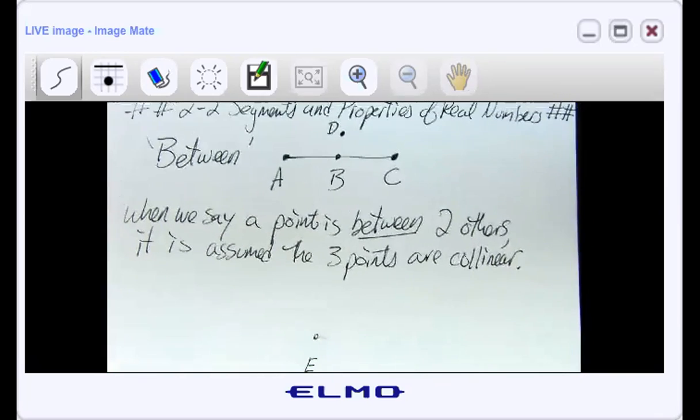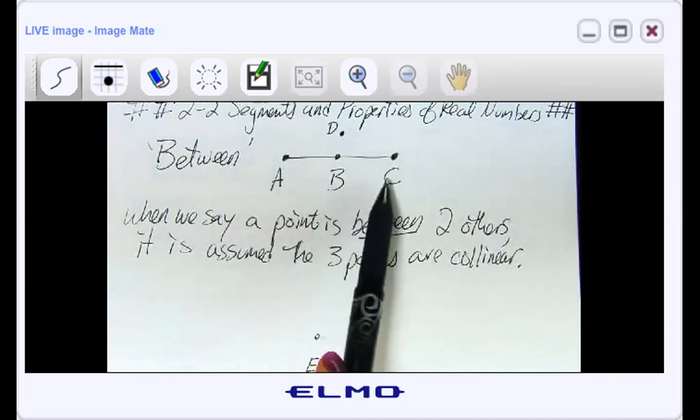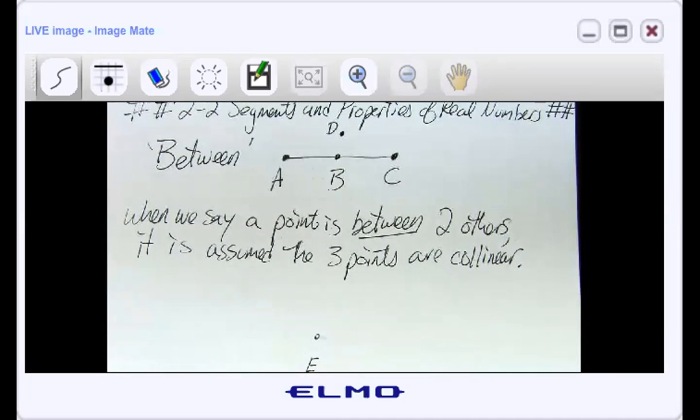So if my 3 points have to be collinear, like if I look back up here at A, B, and C, they are collinear. So yeah, it's very clear to me that B is between A and C, like there's no question. Now, if I'm talking about D, and I want to know if D is between A and C, well, now those 3 points are not collinear, so it's not as clear. I don't really know what the answer is.